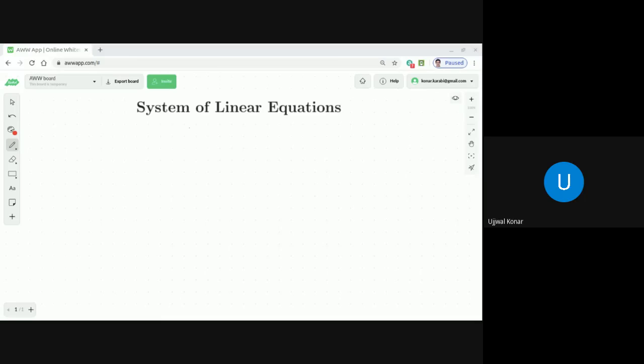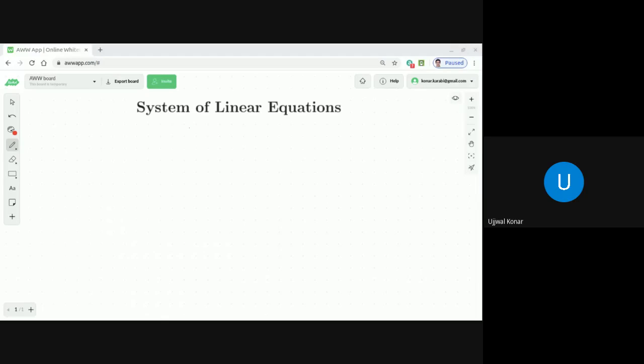This is a very important topic and you will see that by means of both matrices and determinants, we can solve a system of linear equations. Before that, dear students, let us understand what is system of linear equations.